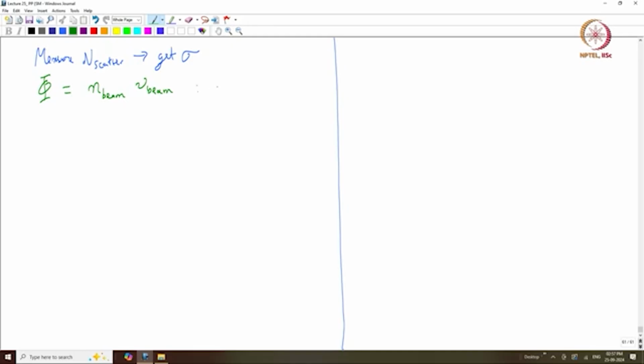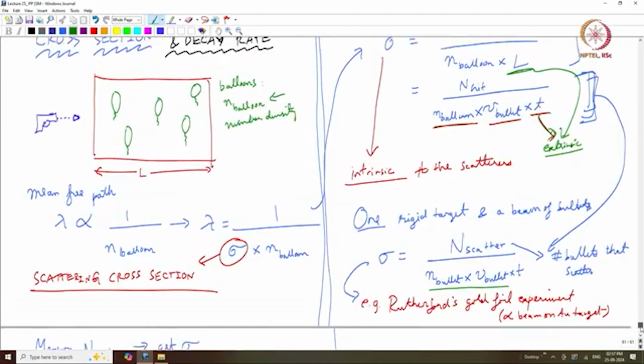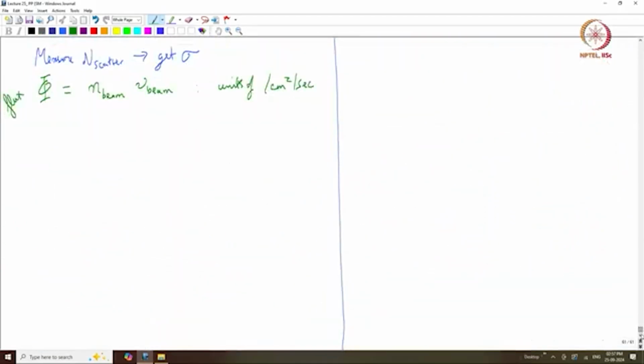And it has units of per centimeter squared per second, for example. That's a common unit for the flux. Agreed? So see, just like that, we've introduced all these notions from a very simple example. Okay. Now, this cross section that we've been writing down, right, it's sometimes called the total cross section.